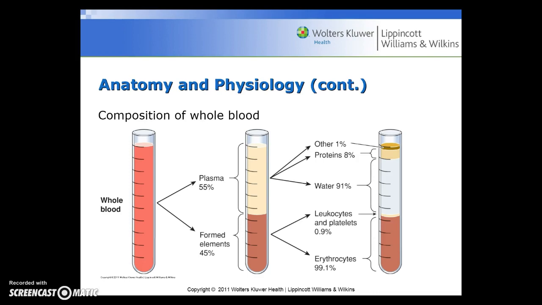Of the 55% of plasma, 91% is water, 8% are proteins, and then a miscellaneous other 1%. For the formed elements, we see that 0.9%, or a little bit less than 1%, are leukocytes and platelets, and the other 99.1% are erythrocytes.